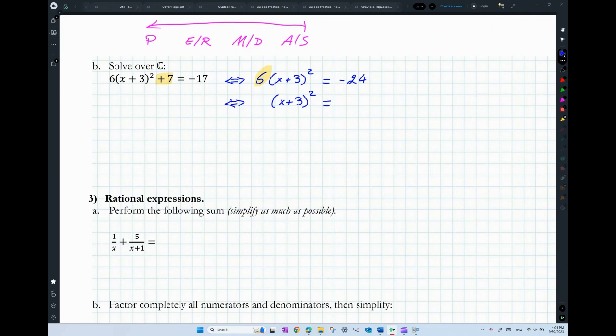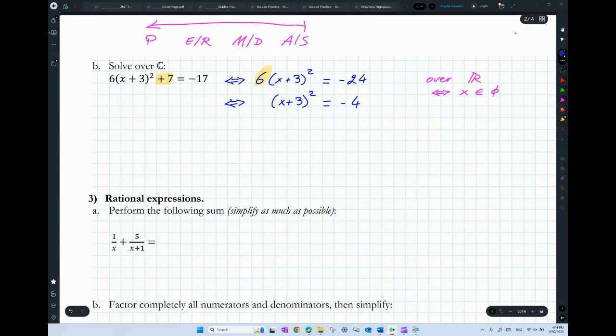Negative 24 divided by 6 is negative 4. Now, would I solve this equation over the set of real numbers? That would mean that there is no solution. x belongs to the empty set.